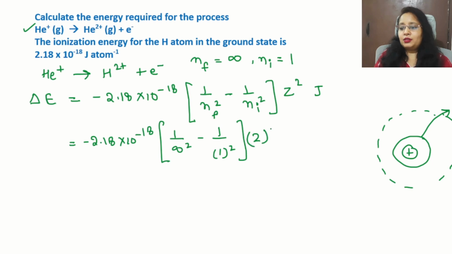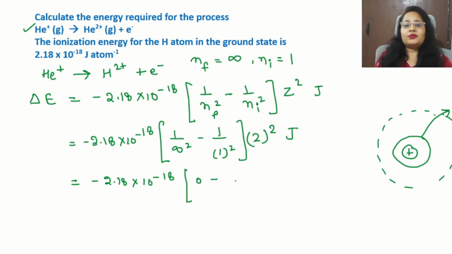Remember this point, 2². Now -2.18 × 10^-18, 1/infinity means 0, so we can write here 0, and 1/1² means 1/1, so 0 minus 1, times 2², which means 4, joule.